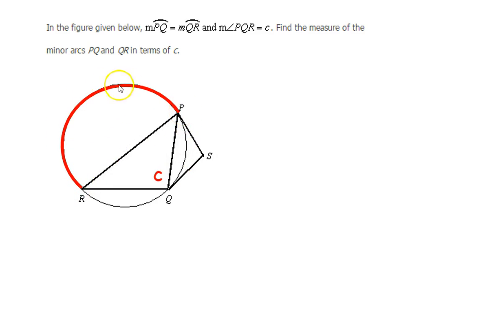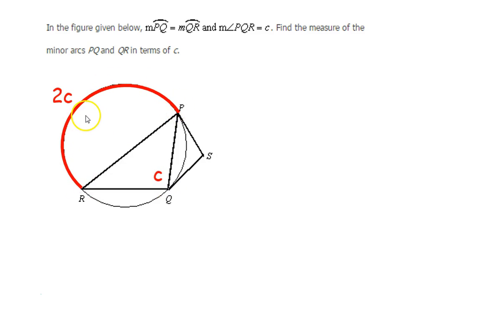The measure of the intercepted arc is double. So if this is C, that means this red arc has to be 2C, because an inscribed angle and its intercepted arc are related by a factor of 2, or 1/2 if you're going the other way. So twice this angle is this arc.